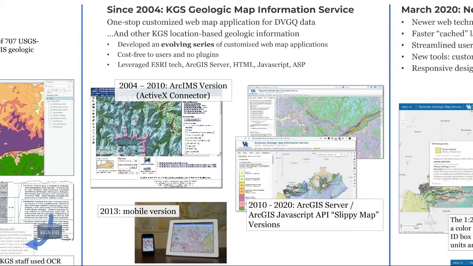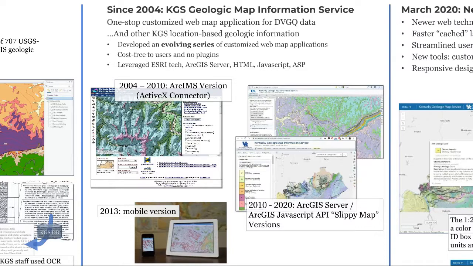That part was important because we really didn't want people to have to use Flash or Java applets or that sort of thing. And the map service was, of course, cost-free to users. So we also decided to put our other geological data sets, such as oil and gas wells, water wells, hazards data, coal data, into the map service so that users could overlay them on the geologic map base.